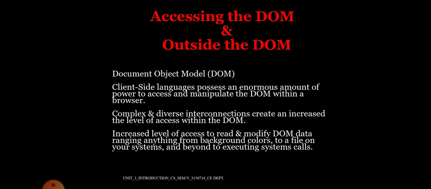Mainly, the HTML DOM, the Document Object Model, is used when a web page is loaded and the browser creates a document object model of the page. The HTML DOM model is constructed as a tree of objects. First, we need to create a document, then we use a root element in which we cover a head and a body.